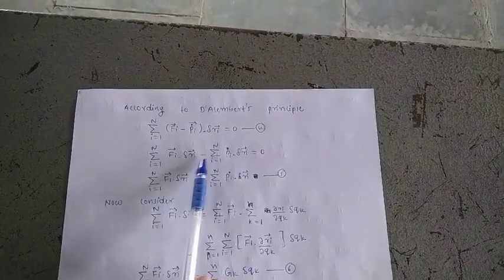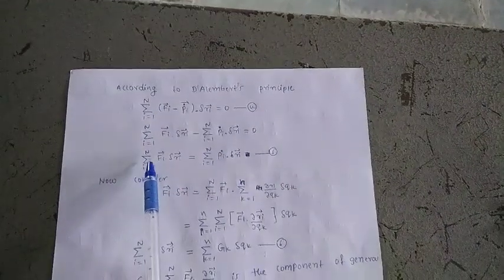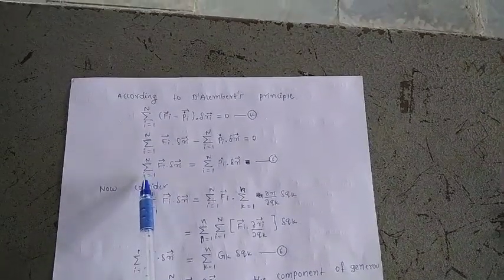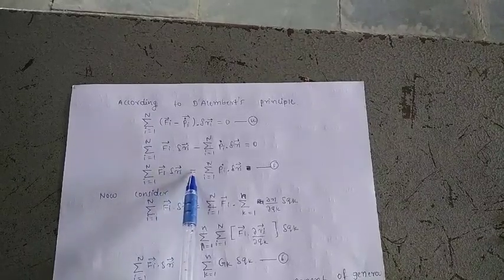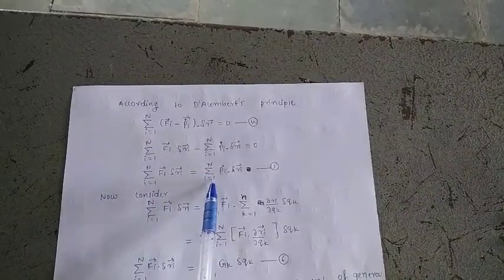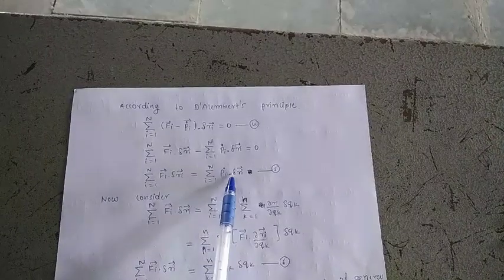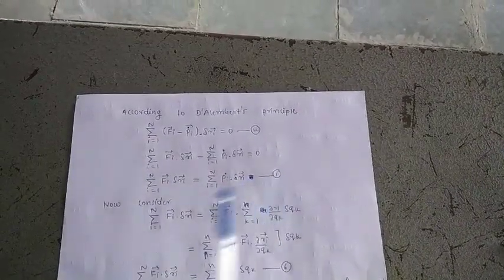Taking this part on the RHS, we can write summation over i is equal to 1 to n Fi into delta Ri is equal to summation over i is equal to 1 to n Pi dot into delta Ri. This is equation number 5.